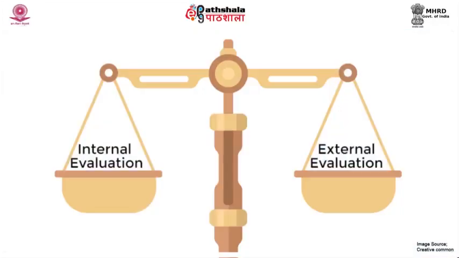Now, while evaluating historical data, the data collected in historical research, which includes primary, secondary, and tertiary types, can be evaluated through broadly two ways: external and internal evaluations. One is external.